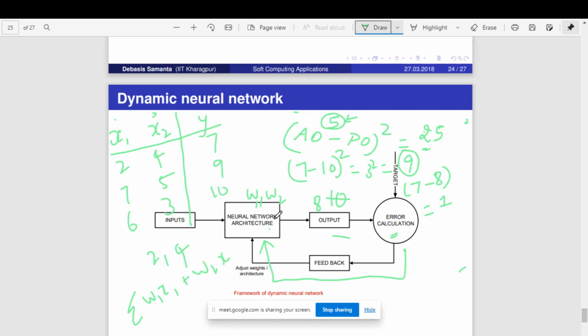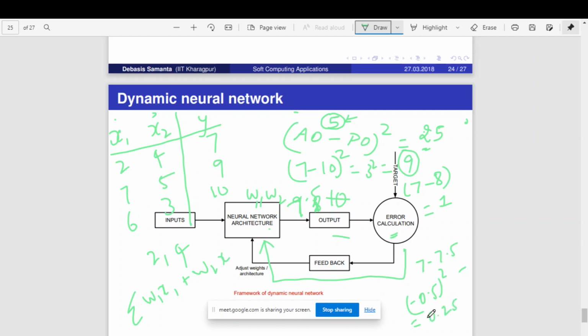After updating, say the predicted output is now 7.5 and the actual output is 7. So 7 minus 7.5 is minus 0.5, and the whole square is 0.25.